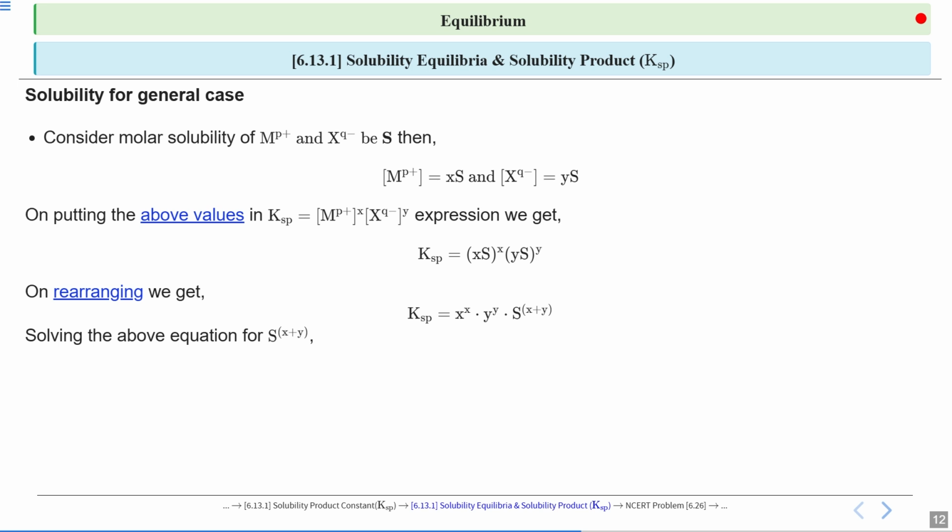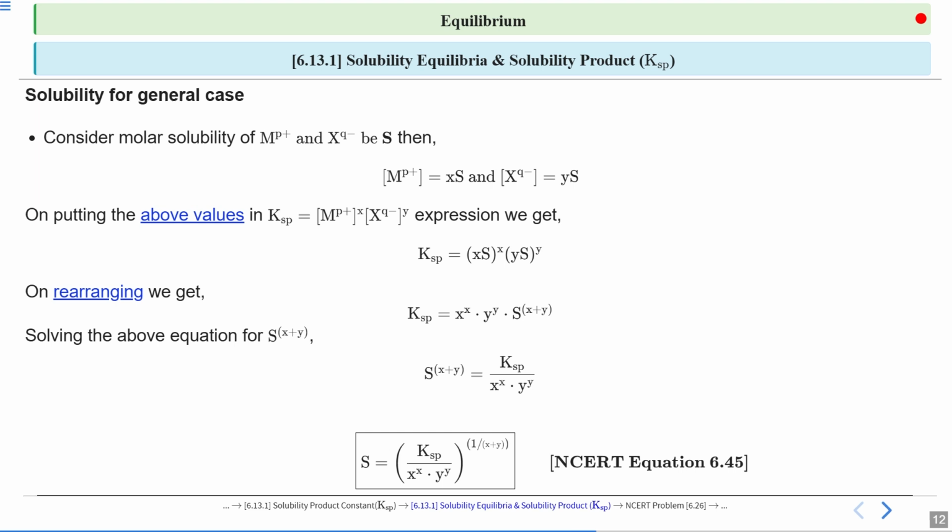We can just solve this equation in terms of S raised to the power x plus y also. So that gives S raised to the power x plus y is equal to Ksp divided by x raised to the power x multiplied by y raised to the power y. Or you can just transfer this power onto the right hand side. And that will give you your final equation, which is equation 6.45.